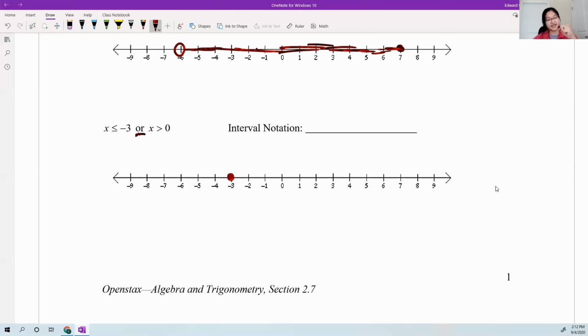Closed circle on -3, and then everything to the left of -3, because x is less than or equal to -3. Or open circle on 0, and then all the numbers to the right of 0, because those are the greater numbers.